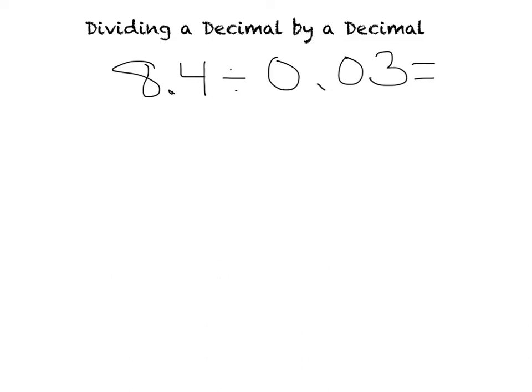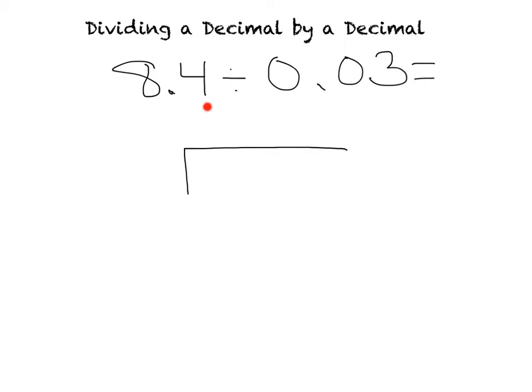The first thing I'm going to do is take my problem here, 8 4/10 divided by 0 3/100, and put that as a division problem in a format that I'm going to understand, using the bracket, or as many of you know, the little house. So I'm going to build my little house, and then I'm going to put in the numbers appropriately.